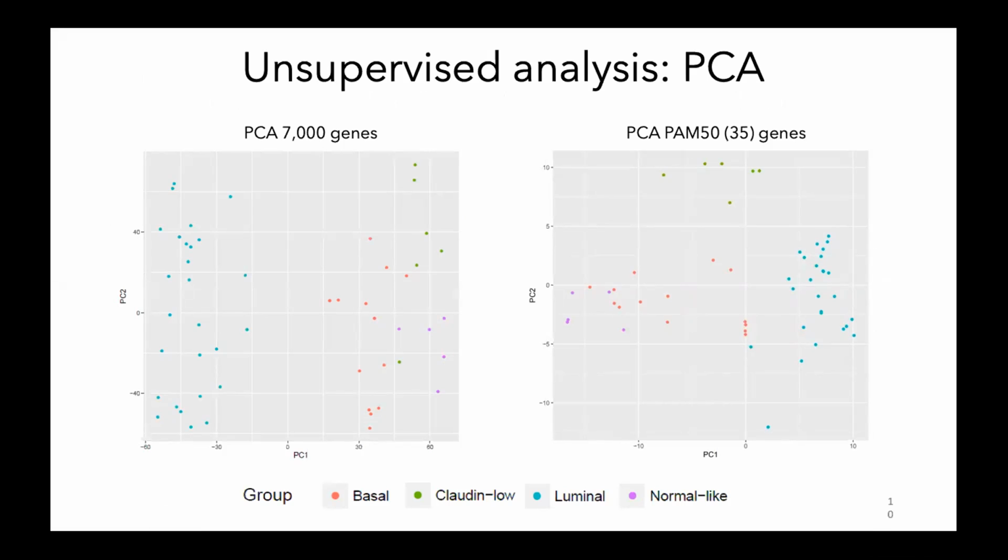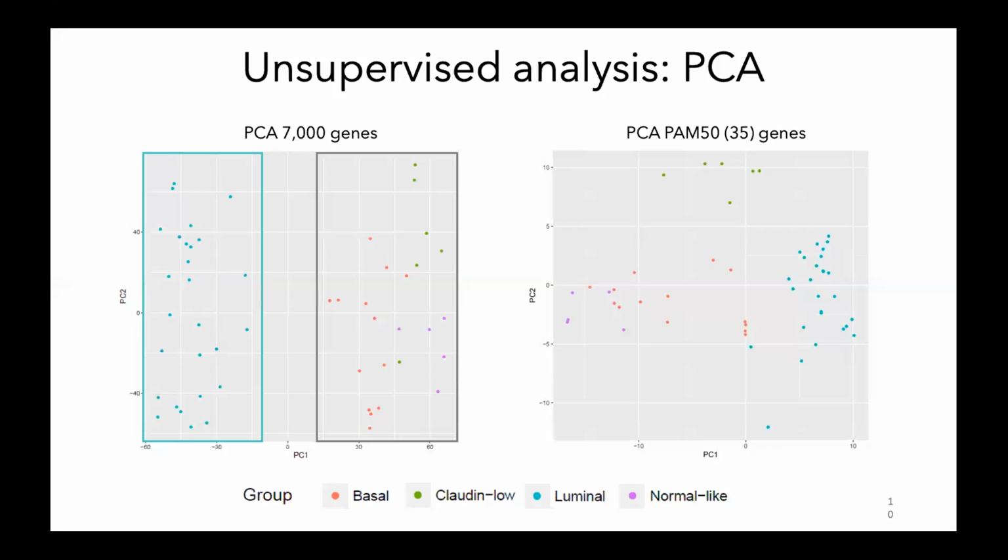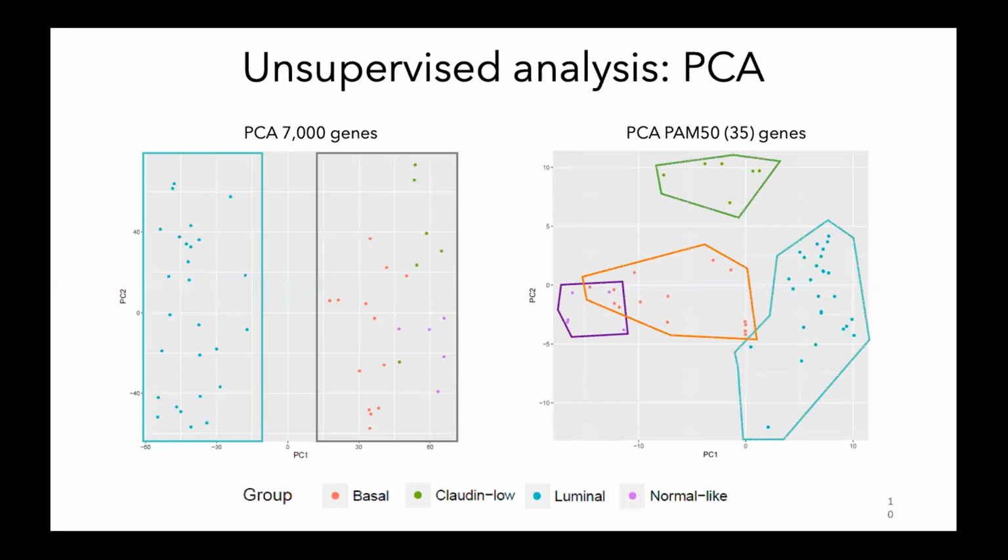So we had 15 genes, and in the 7,000 genes plot, we were able to classify the samples into two separate groups, right? And then we saw that with a smaller set of genes, in our case 15, it showed us very good separation into four different groups.